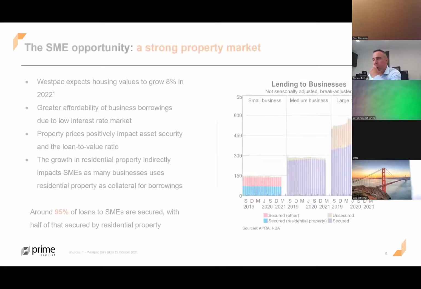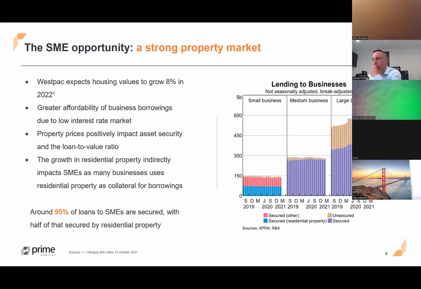So in terms of how we're lending to SMEs, we also conducted the survey, so we can tell that 95% of SME loans are secured. We know that half of them are secured by residential properties. And you guys know residential properties.